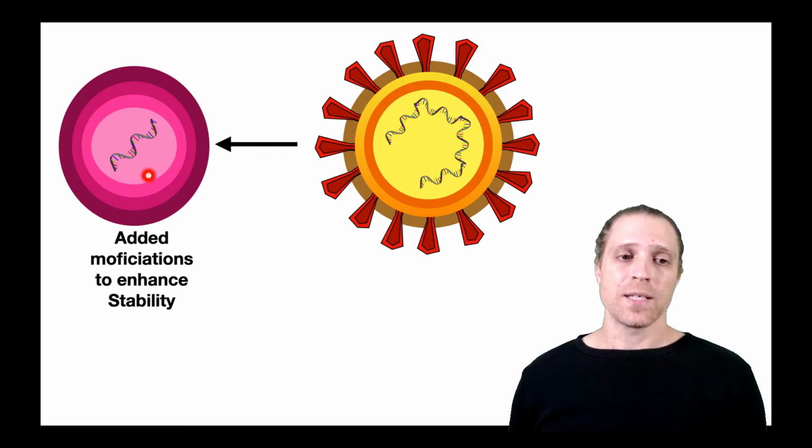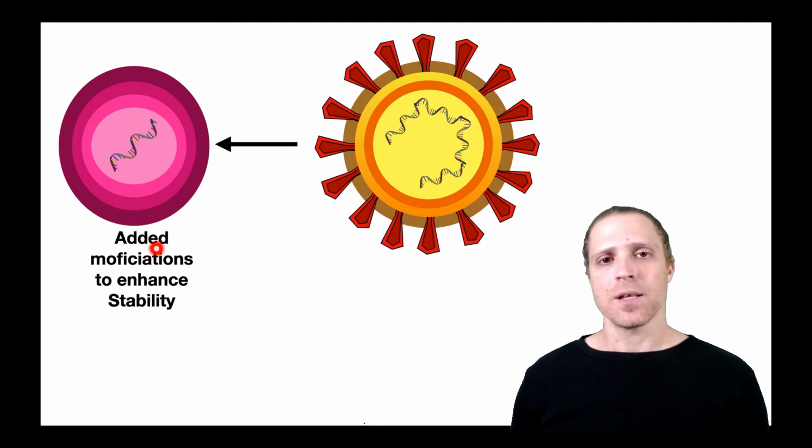So the vaccine doesn't include viral RNA, it includes a synthetic RNA version. And in addition, since RNA is a highly unstable molecule, this synthetic RNA was modified in order to increase its stability such that it will remain for at least 48 hours in the body.